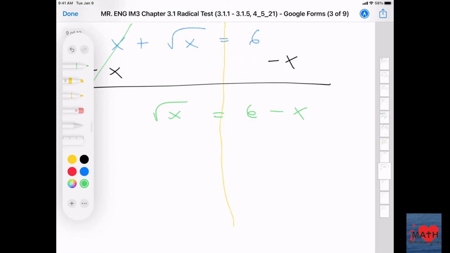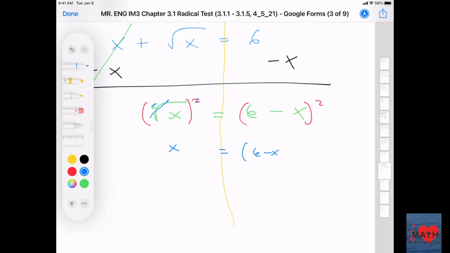Okay, now that the radical sign is isolated, there's nothing in front and there's nothing behind it, then I can just locate its index, which is a 2, or the root is 2. What that means is I can just square both sides. This 2 and the radical sign are gone, so you have x equals 6 minus x.